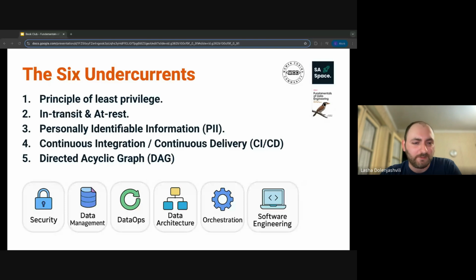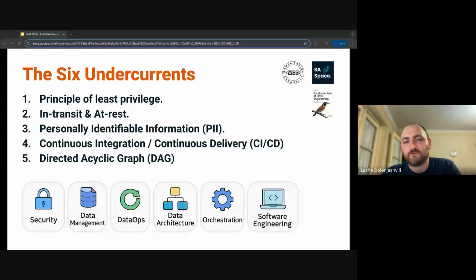So next we have data management. This is a very broad category, I would say, that includes data governance, who owns the data, data quality, can I trust this data, and metadata management. So metadata is data about data.